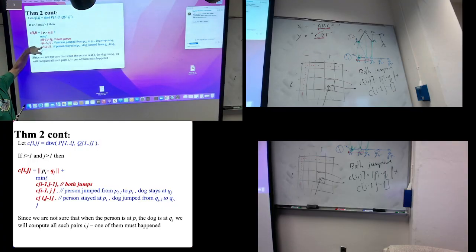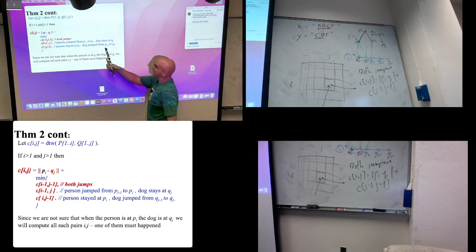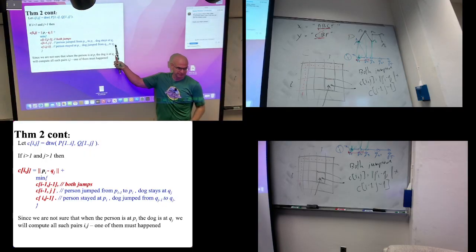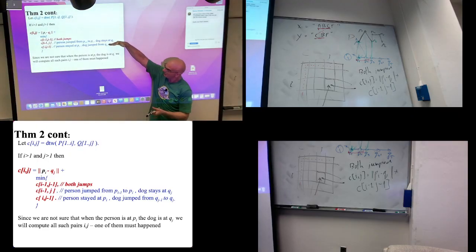Similarly, in the third case, and remember I still don't know which of these three cases happens, the person was already at Pi minus 1 and the dog in the last step jumped from Qj minus 1 to Qj. What is the optimum scheduling that leads to this case?